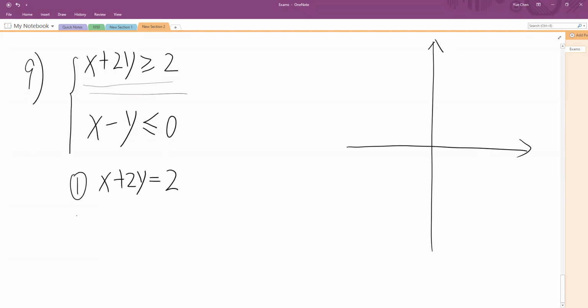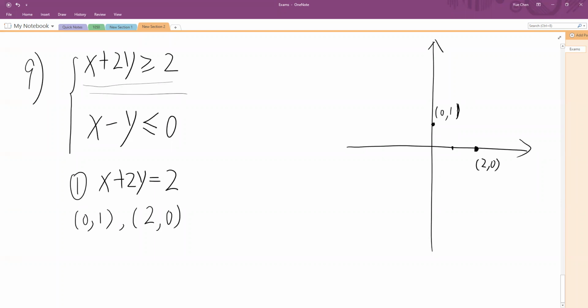We need two points, right? x equals 0, y equals 1, this is one point. y equals 0, x equals what? 2. Okay, so (0, 1) is here, and (2, 0) is here.